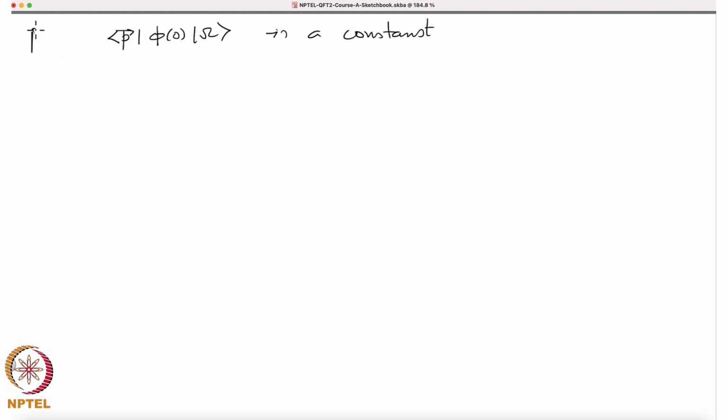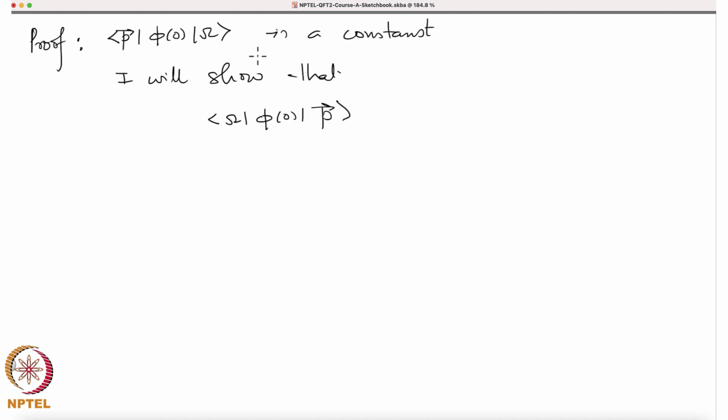So I'm going to prove this now. So I will show that if you take omega phi 0 p, this object and that object, they are just complex conjugates of each other, because phi is real.